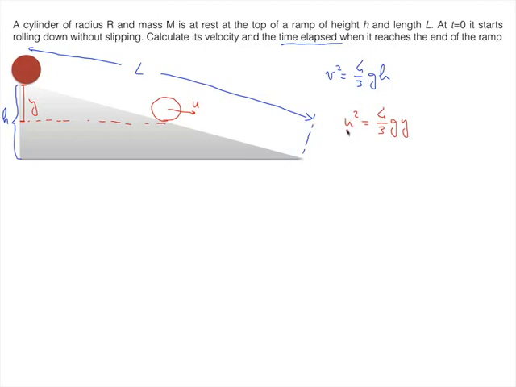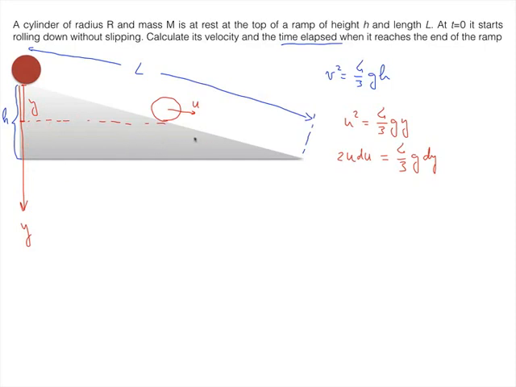So we can take the differential of this expression and we can write 2u differential of u equals 4/3 g differential of y, where y is this axis, the vertical axis pointing downwards.